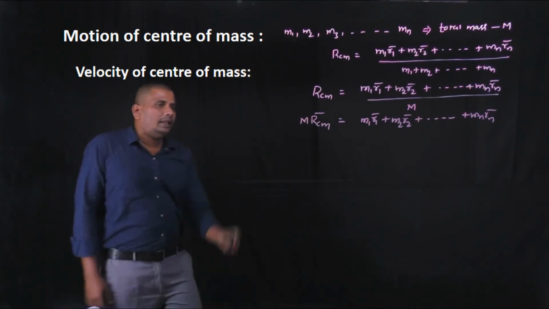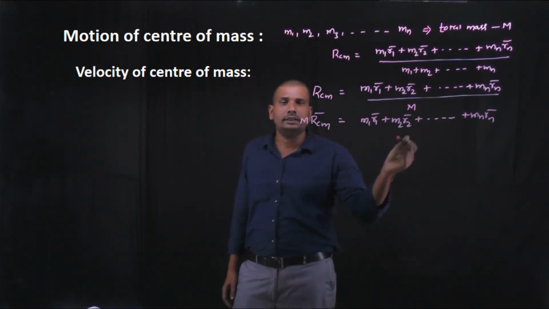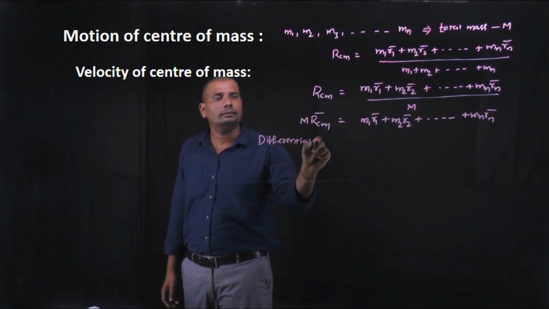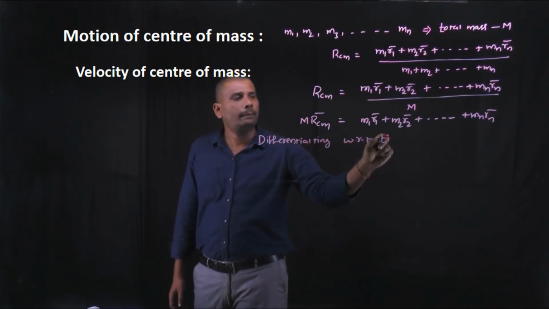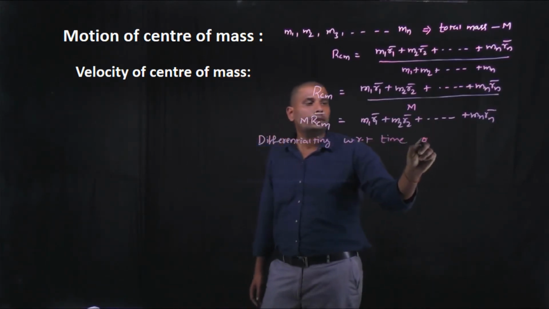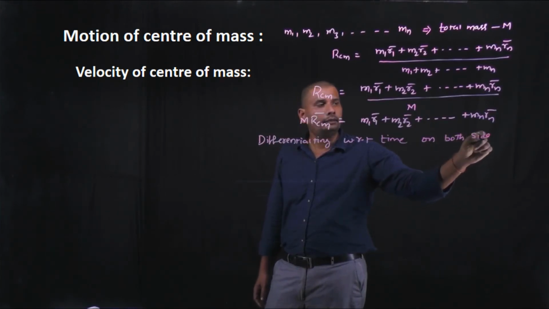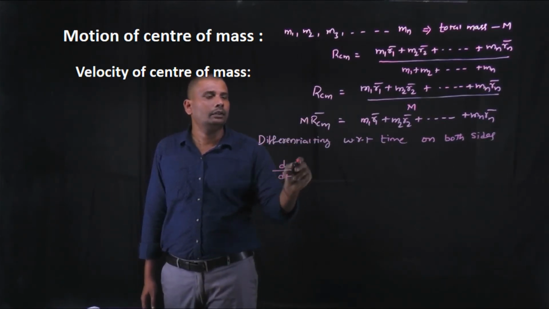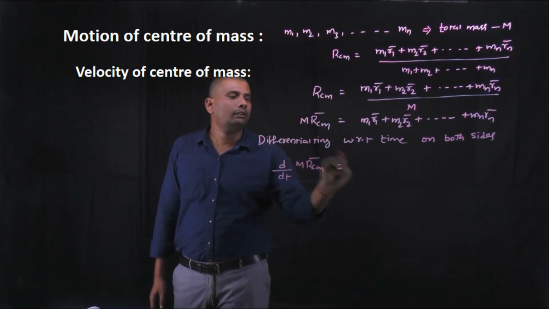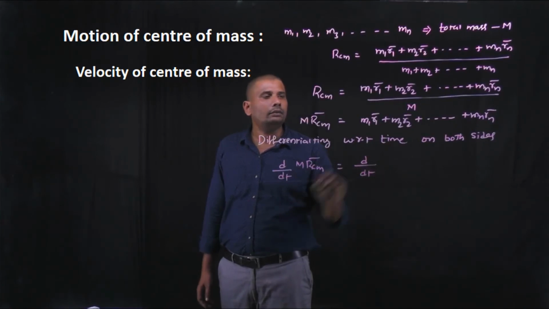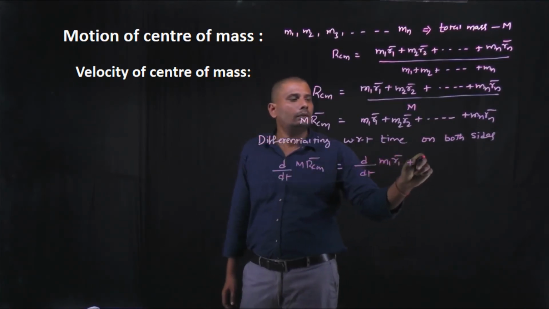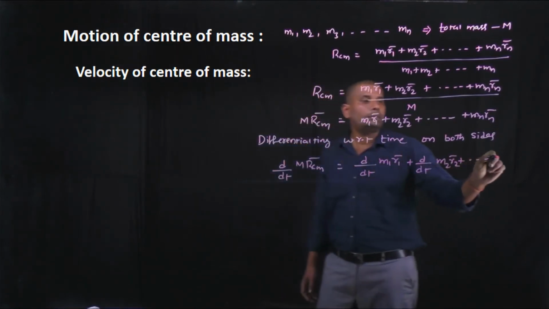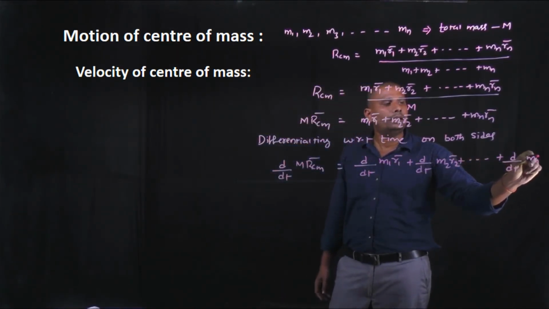Okay, now differentiating this equation on both sides with respect to time, the equation can be written as d by dt of M into RCM bar equals d by dt of M1 R1 bar plus d by dt of M2 R2 bar plus and so on plus d by dt of Mn Rn bar.